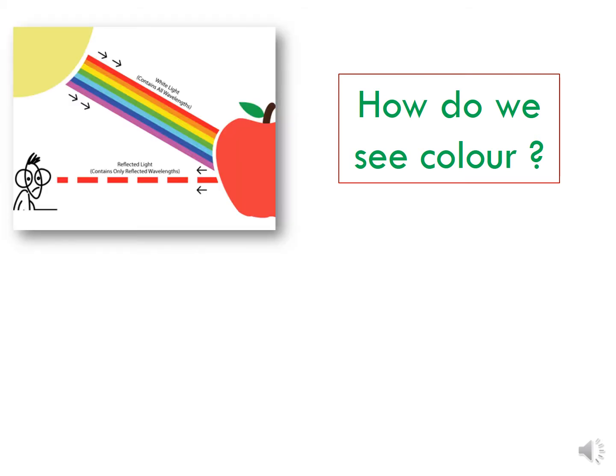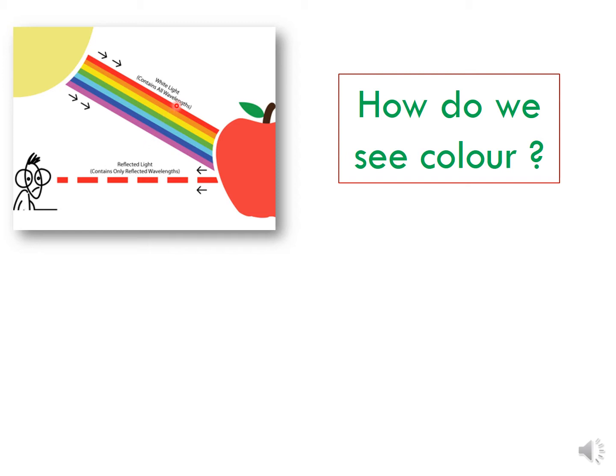Just to recall something that you learned in optics as part of your physics, maybe in foundation or in early years, white light is composed of different wavelengths of light, which when mixed together produce white light, and this white light is composed of 7 different colors.